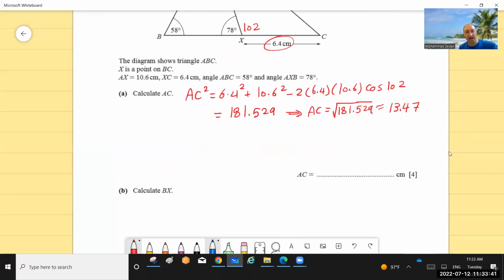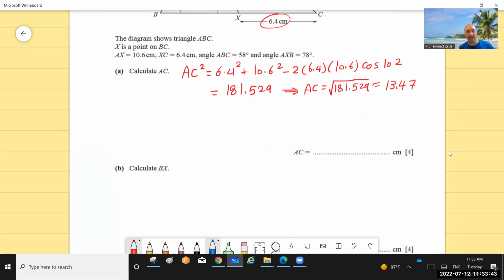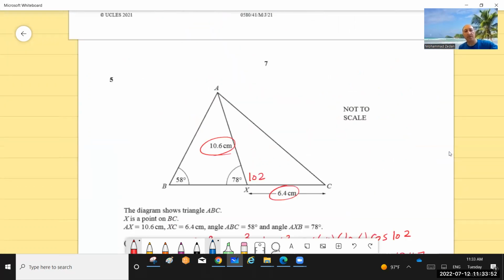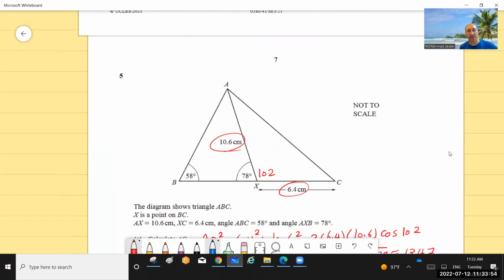And after that, calculate the BX. The BX now is 13.47. If you go to the shape again, the BX you can find by using the sine rule, because you have angle and side. This angle now is 44. So simply you just write BX over sine 44 is equal to 10.6 over sine 58.